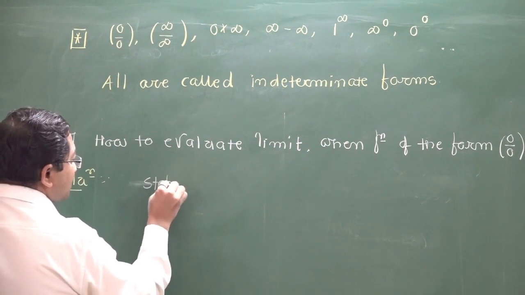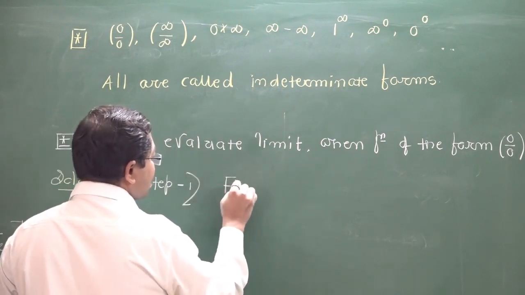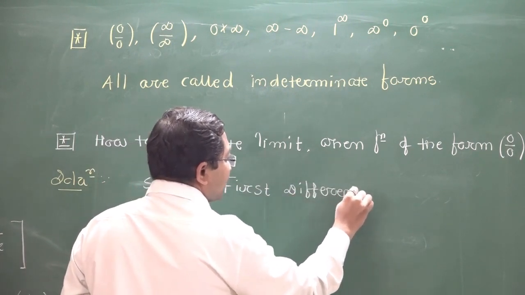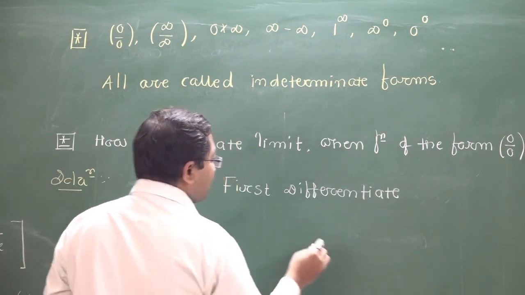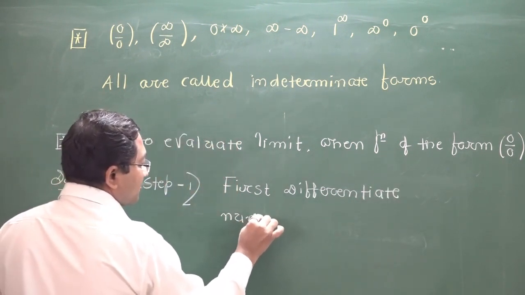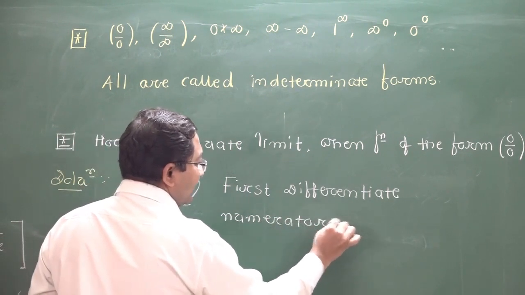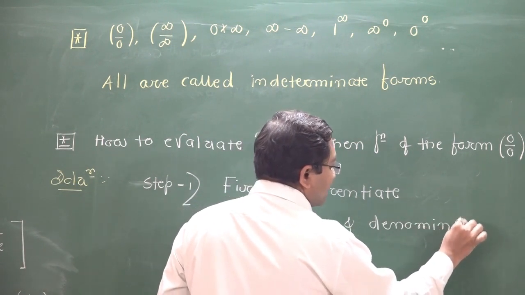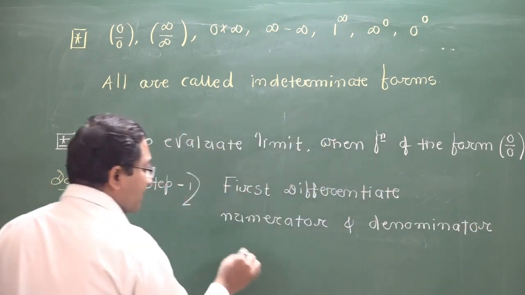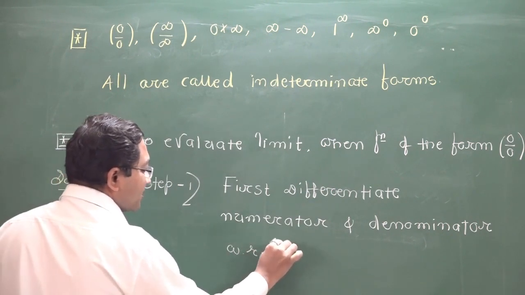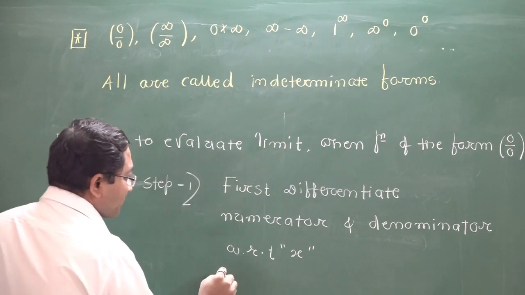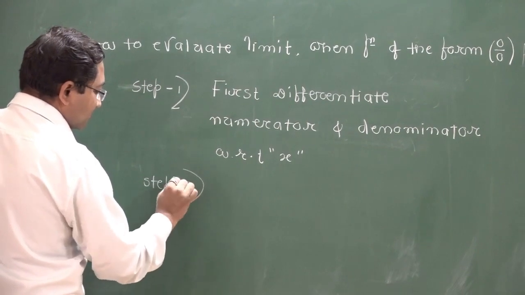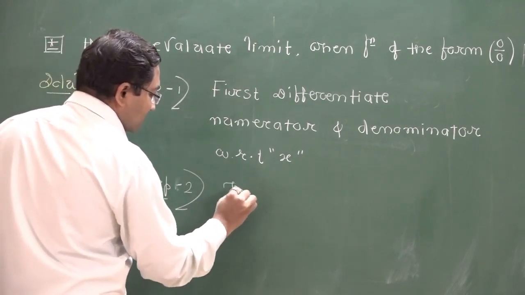Step 1: first differentiate numerator and denominator with respect to x. Step 2: substitute.